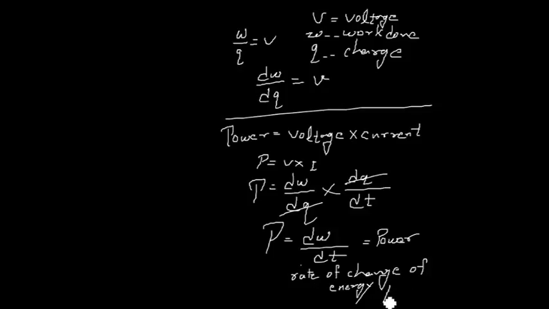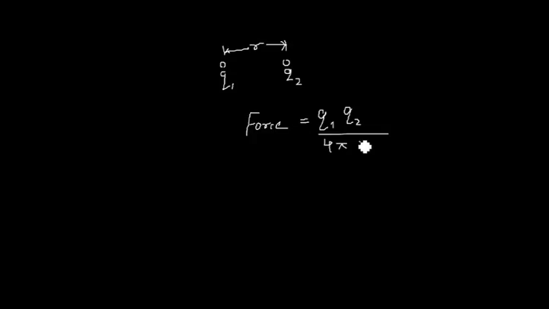Further, we move ahead to find the force acting between two charges kept at a distance of r meters. If the value of this charge is q1 and this charge is q2 and they are r meters apart, then the force acting between these two charges can be given by q1 q2 upon 4 pi epsilon r square.